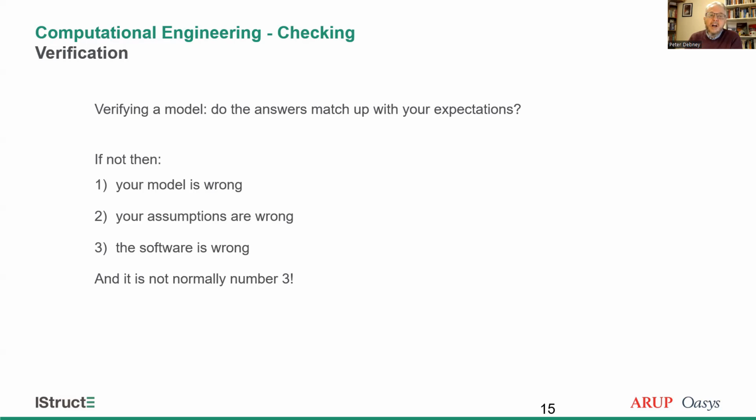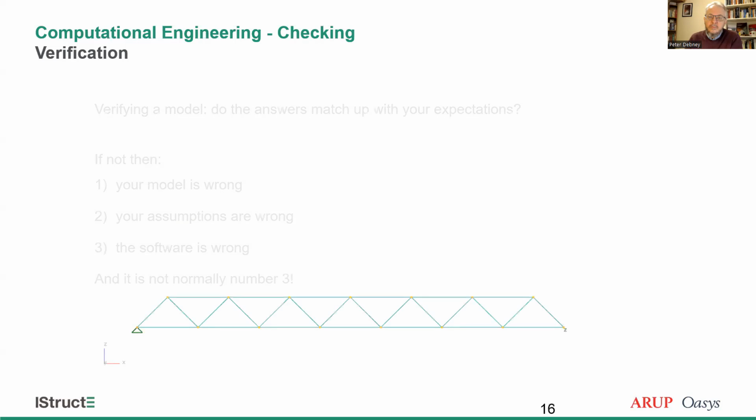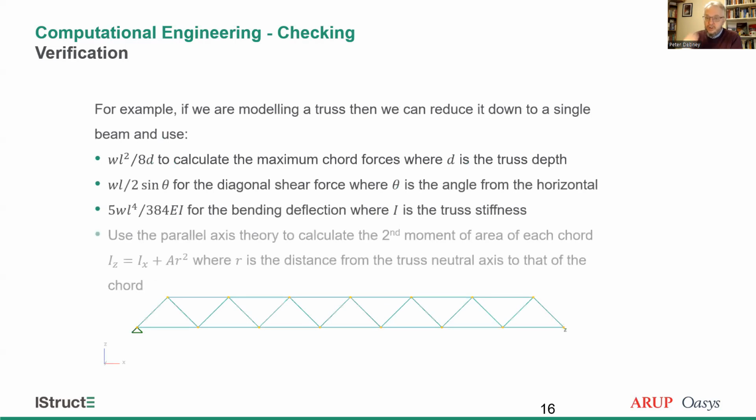So how might you go about making your assessment? One option is to just produce a simpler version of the structure. For example, you're modeling a truss. A truss is essentially a beam, slightly more complicated, but in principle, it is a beam. If we were analyzing a beam by hand, you'd use WL squared upon 8 to work out the bending moment.